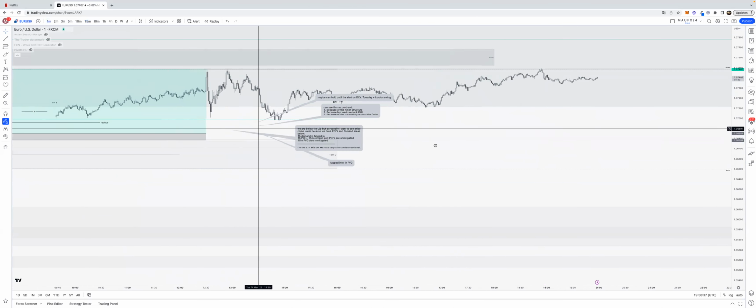Can remove this. All right, so now we've got everything out of the way.